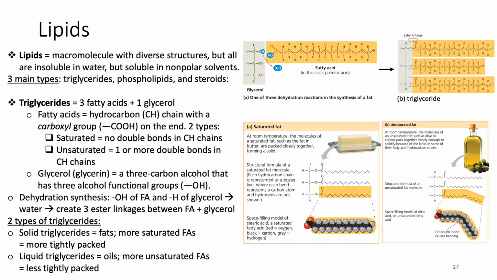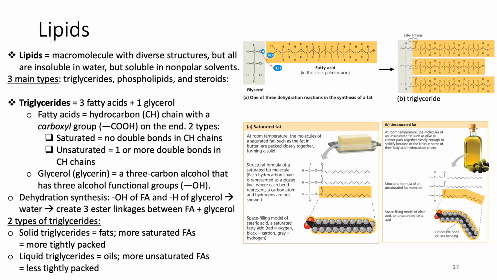A fatty acid has a long carbon skeleton and a carboxyl group at the end of the chain. The relatively nonpolar C-H bonds in the hydrocarbons of the fatty acids are the reason why triglycerides are hydrophobic and separate from water.